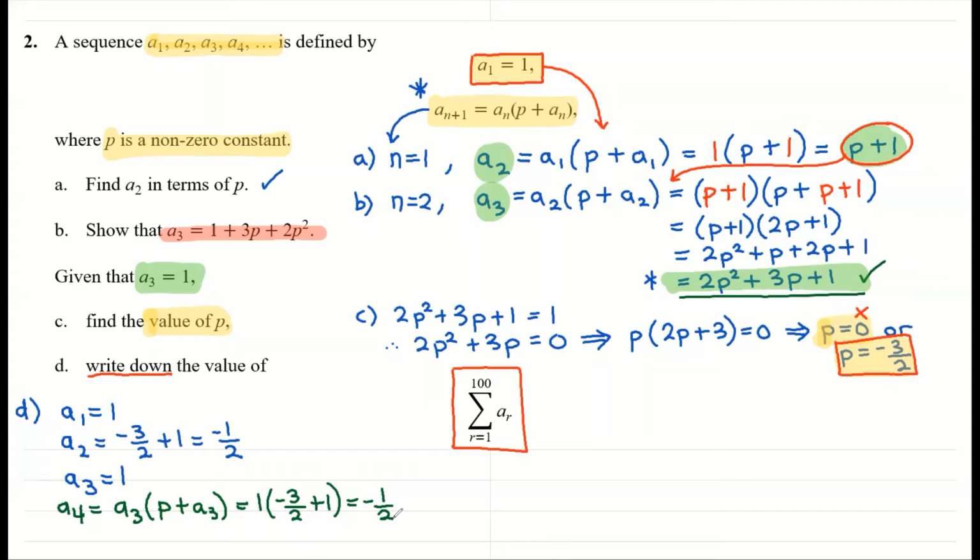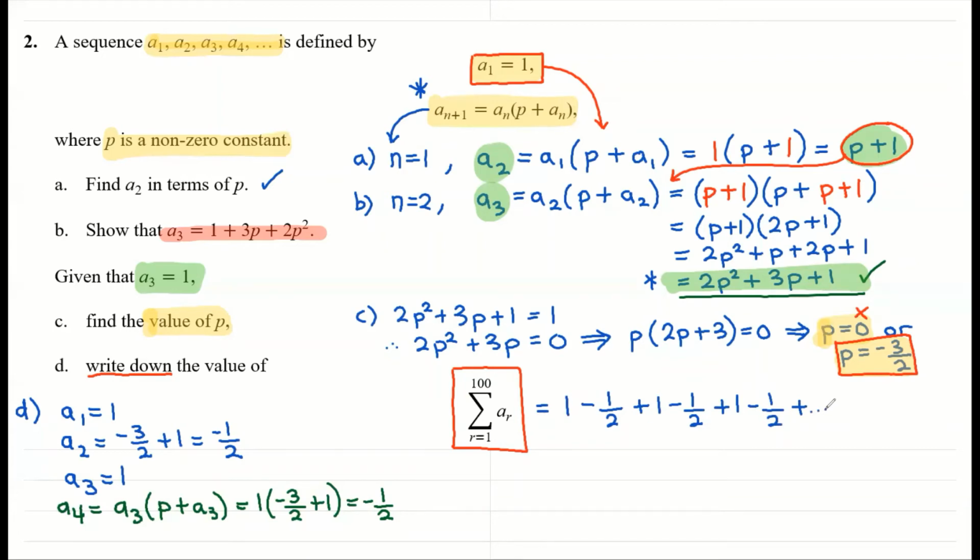So the sequence behaves like this. In fact, I'll write it as the series. We'll write this summation now we've figured out what's going on. So it's going to be 1, subtract 1/2, and then add 1, subtract 1/2, add 1, subtract 1/2, and so on and so on.